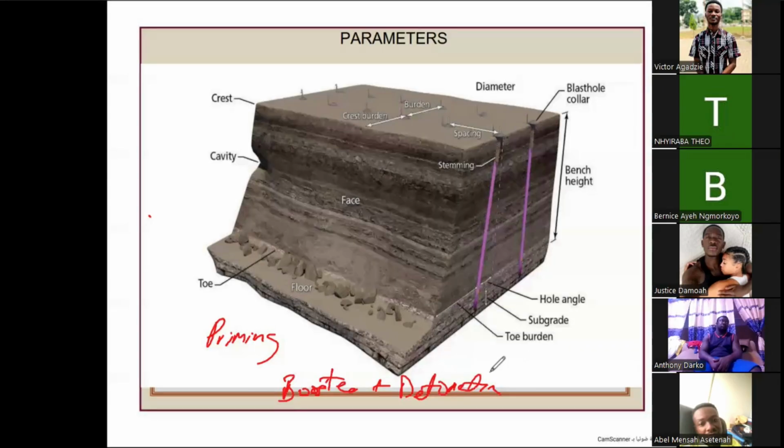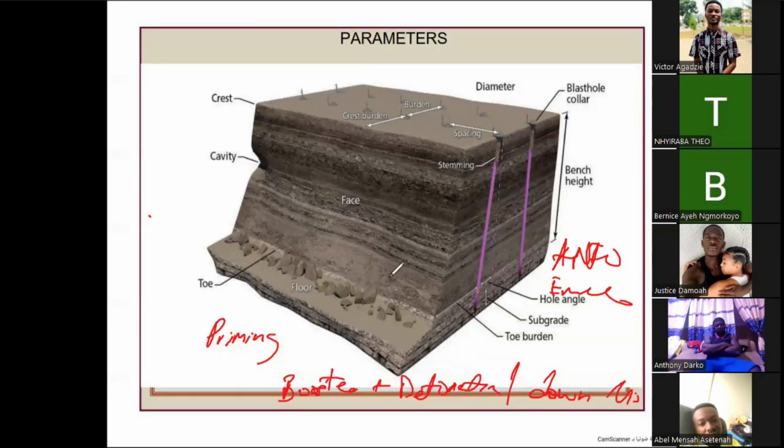In some mines, the detonating cord, they call it downline. So when you connect your booster with your detonating cord, that is priming. So after priming, you do what? You charge the hole. If you are using ANFO, ammonium nitrate fuel oil, you pour it in the hole. If you are using emulsion, you pump it in the hole.